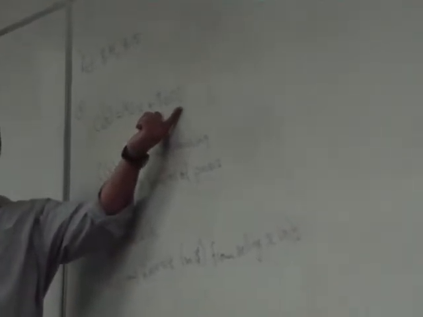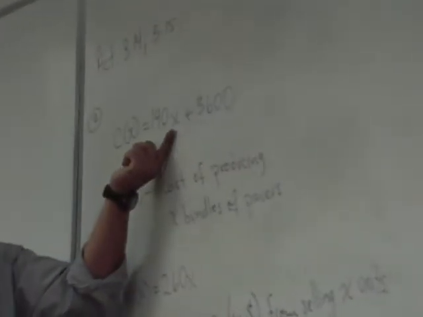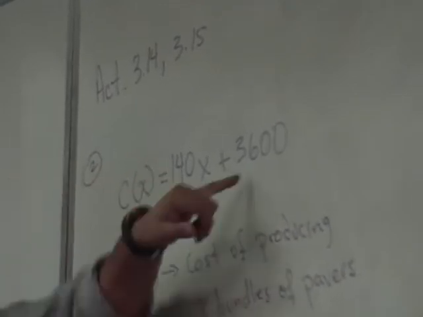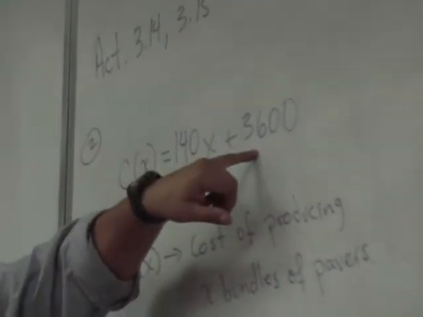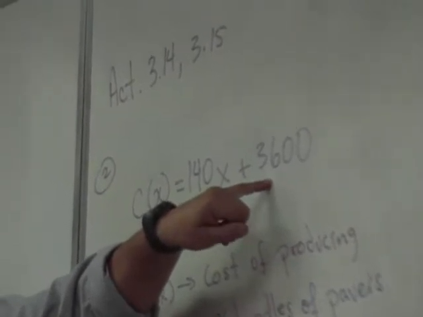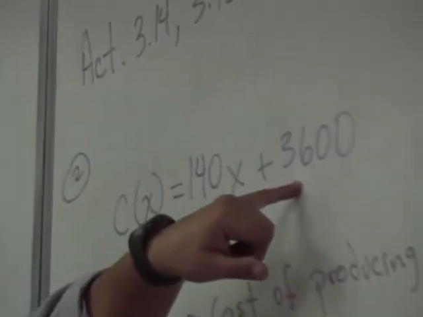These kinds of simplified models usually have two parts. We have what's called the fixed cost, and we have variable costs. Fixed costs are things that don't change no matter what happens, probably like salaries and the rent that you pay for the place where you make your product.